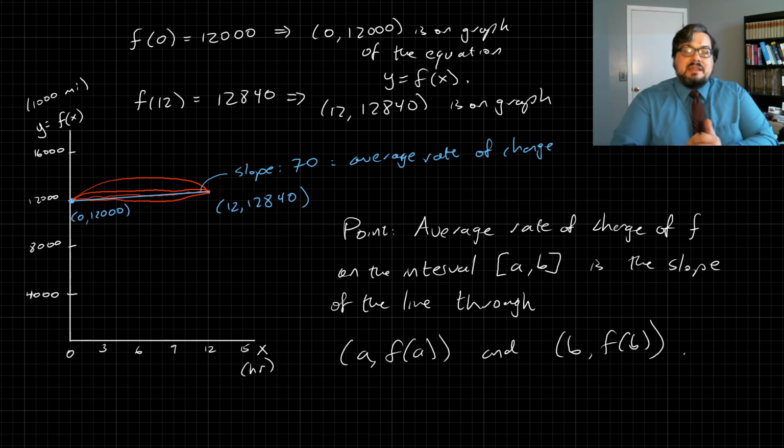So the slope is a rate of change, and in applications we often use it to describe an average rate of change: the rate of change that you would have to constantly maintain to get from the starting point to the ending point that you measure. So this is something that we use a lot.